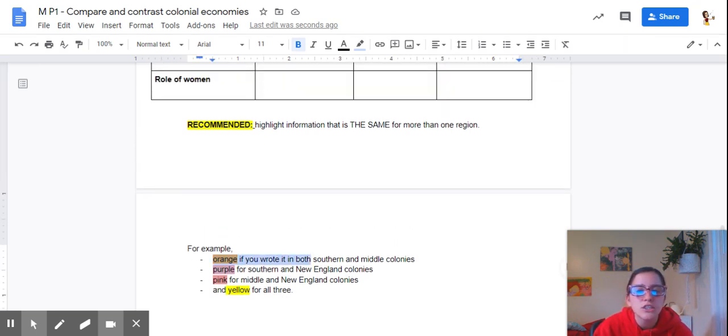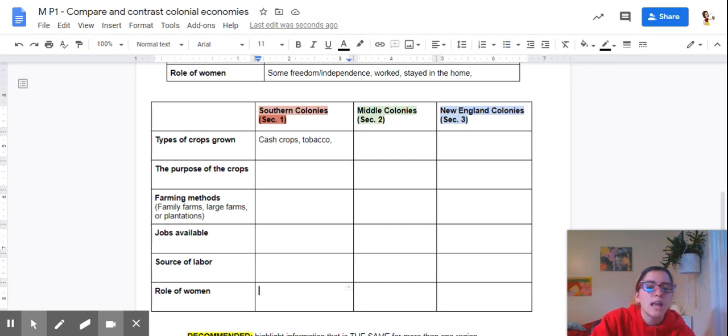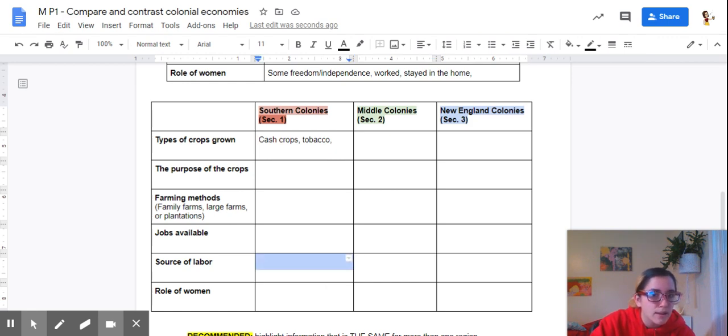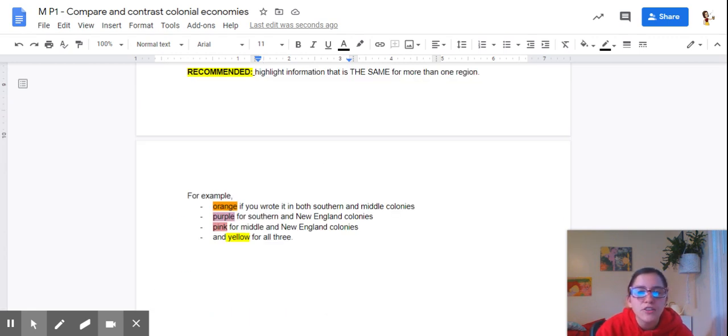And I said orange if it was in both the southern and middle colonies. Maybe I go back up in my boxes and I find out that, maybe the source of labor or the role of women, I have something that's the same in both of these boxes, that I would highlight and make it orange, right? Same with, I think I said for Southern and New England, I could make it purple.